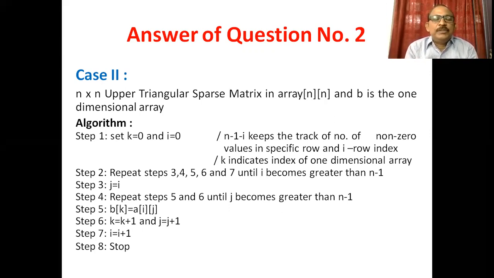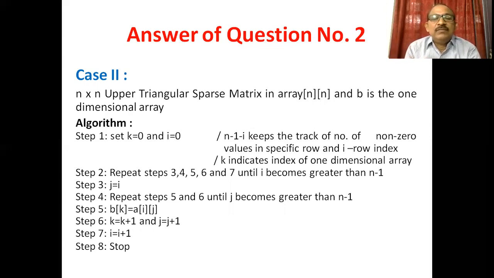Step 2 is a repetitive statement. Repeat steps 3, 4, 5, 6 and 7 until i becomes greater than n minus 1. Here you can see i varies from 0 to n minus 1, where n is the number of rows in the upper triangular matrix. Here j starts from i, and the next step: repeat steps 5 and 6 until j becomes greater than n minus 1.